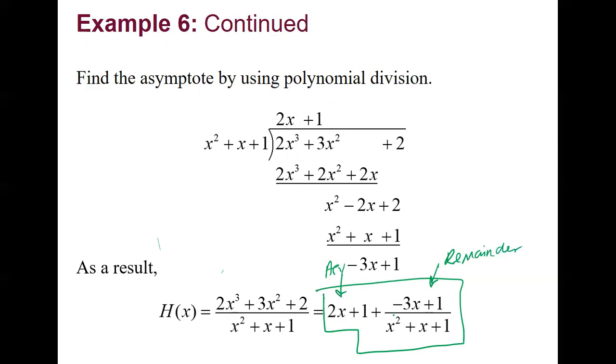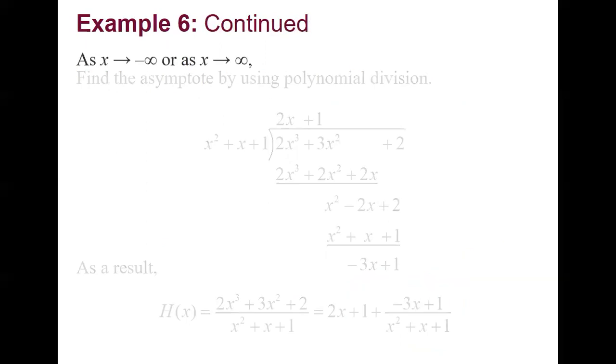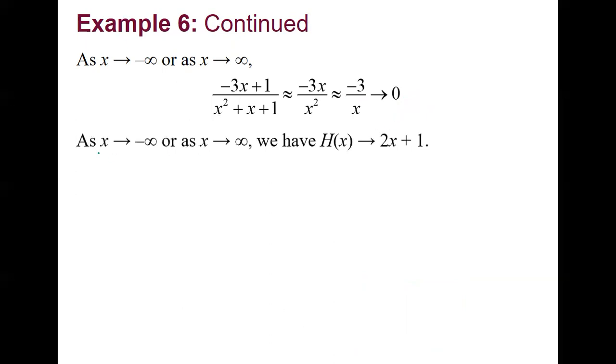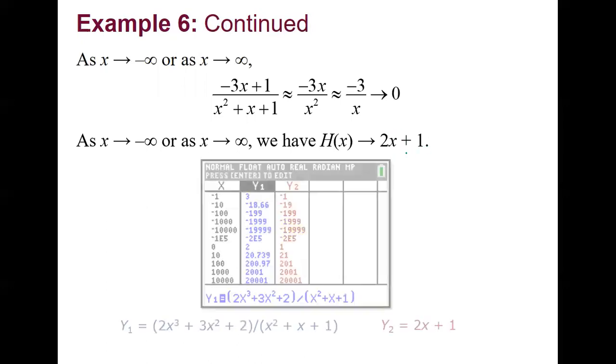Asymptote, remainder. All right, so what does that look like as far as the graph? It means as x goes to negative infinity or positive infinity, the remainder is gradually approaching 0, right? It's trying to get there. And on the other end, it has this boundary line at this asymptote, which is 2x plus 1.